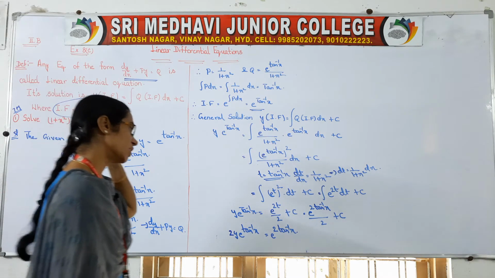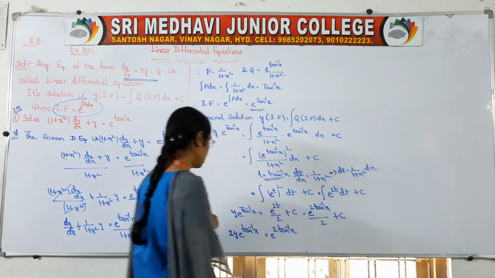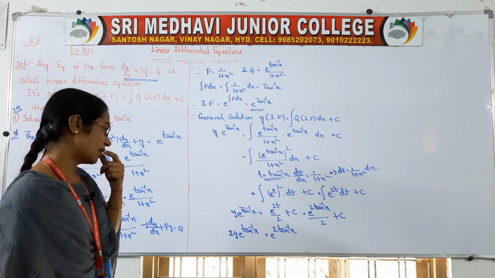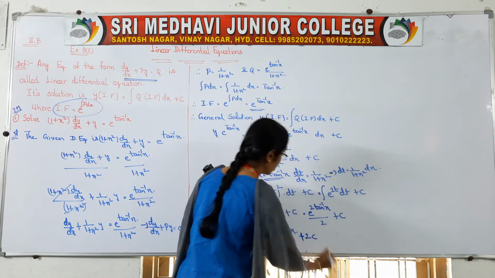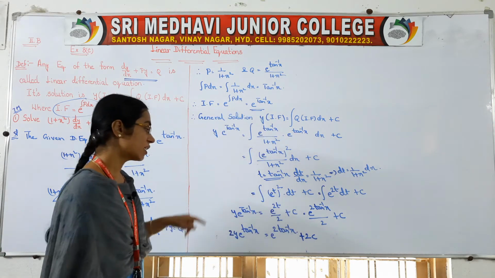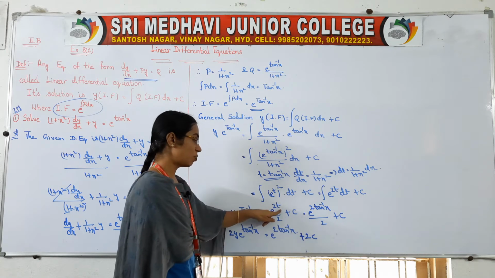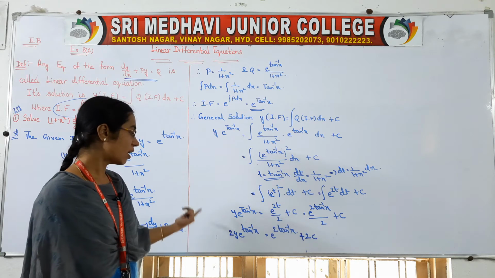Okay, so e to the power of 2t, yes. So we can write e to the power of 2t as, again here, so that we can cancel, otherwise we can keep this answer as it is, right? Plus 2c is equal to 0. Otherwise here you can write in place of e to the power of 2t, e to the power of t whole square, and you can cancel the answer.